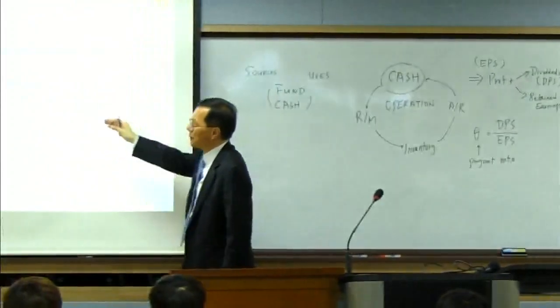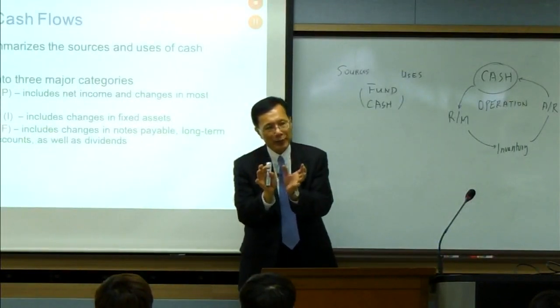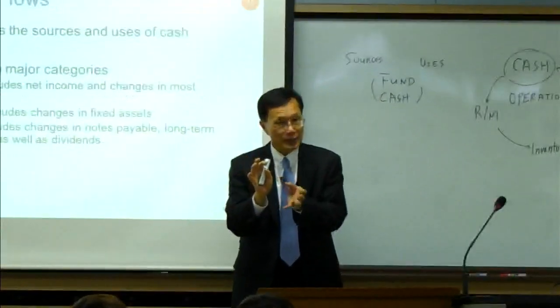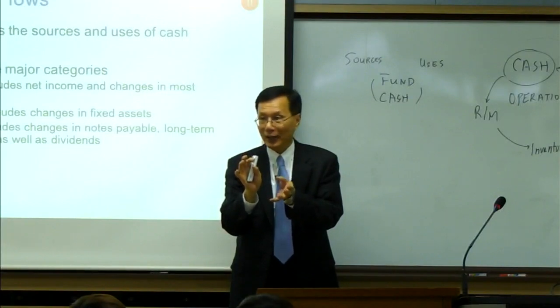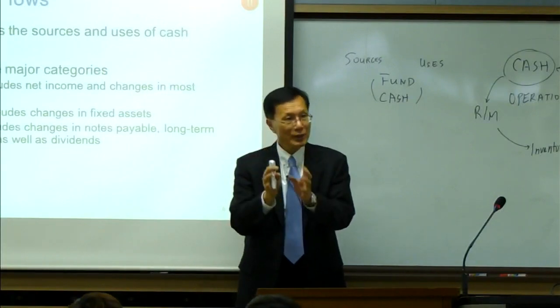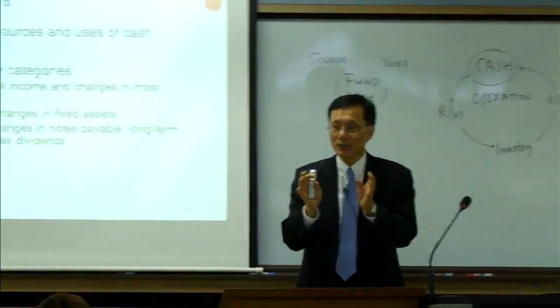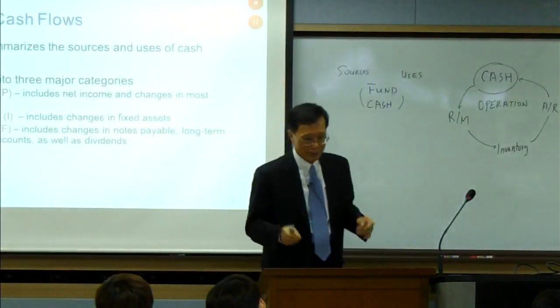So P, I, and F. All the management functions of the firm can be categorized into one or more of these three activities. Don't forget: production, investment, and financing. All of a company's activities are classified into one of the three, PIF.